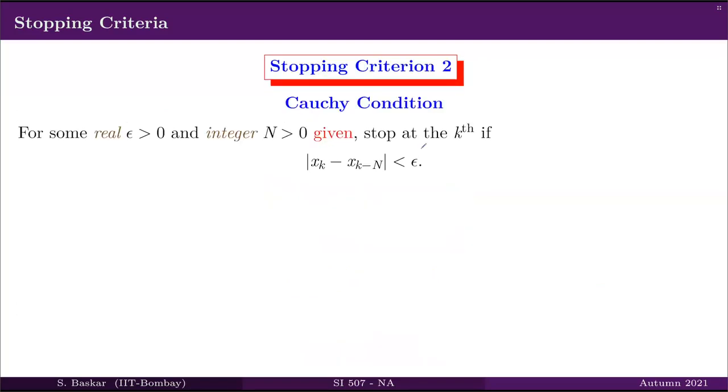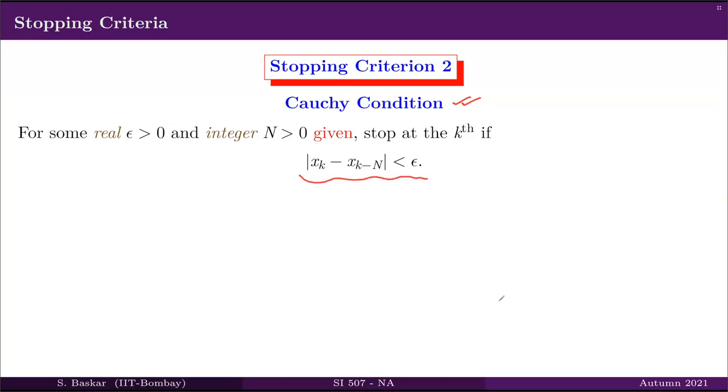What could be the next idea for stopping criteria? Well, you can take the Cauchy condition: for some real number epsilon greater than 0 and integer n given to you, you may take n equal to 1 also, stop the iteration when |x_k - x_{k-n}| is less than epsilon.